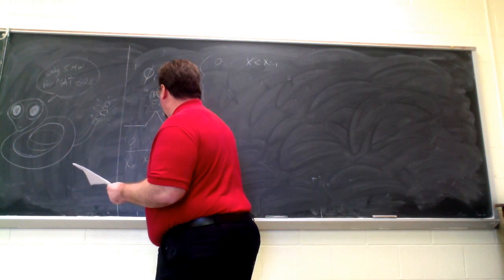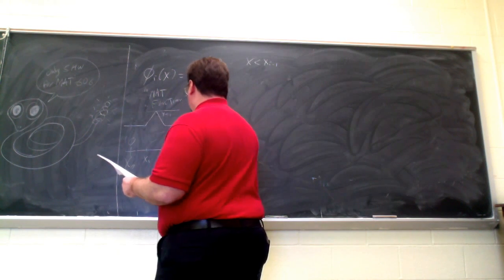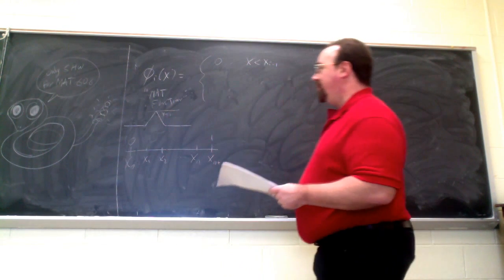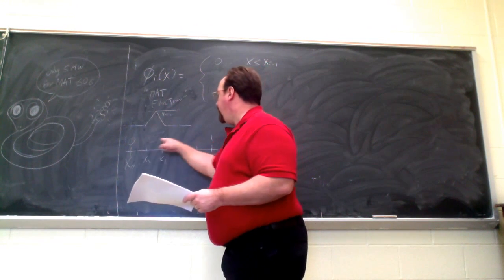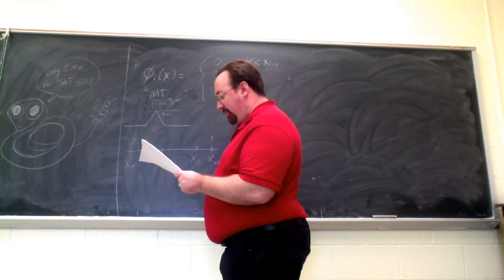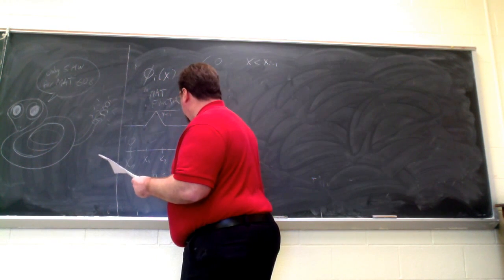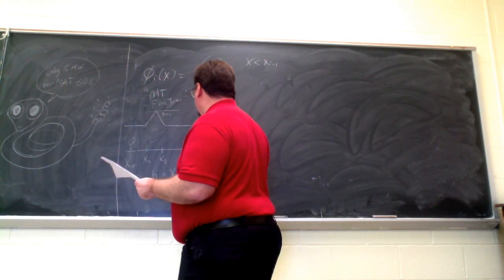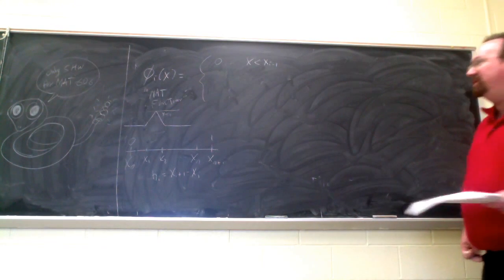And we have x1, x2, and so forth. So x1 through xn are your points where you're defining your unknowns. Because your solution is 0 on the boundary, you're trying to compute these values in between. And I'm going to let h sub i equal x i plus 1 minus x i. So we can assume equal spacing if you want, but it's not required.